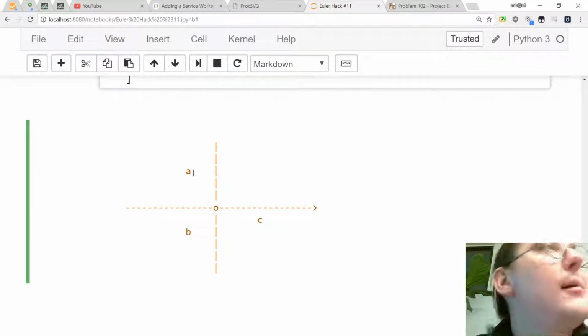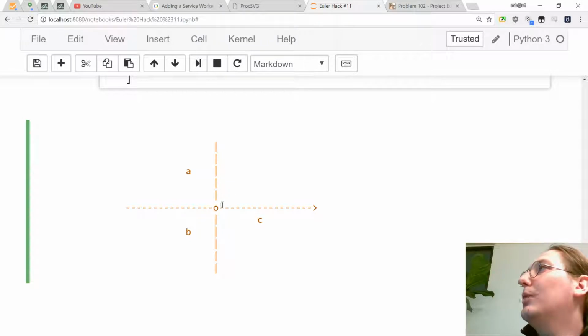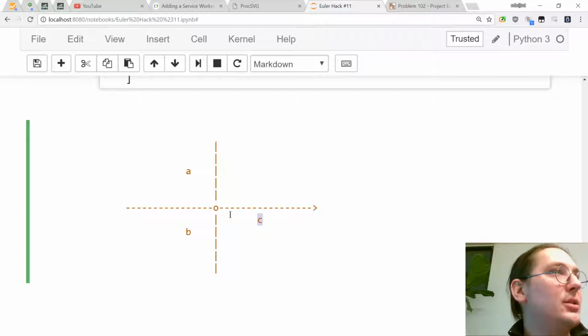Actually, what is the criteria of being origin? The origin has to be inside the triangle, so if the origin is here, we count the triangles for which this is the case.